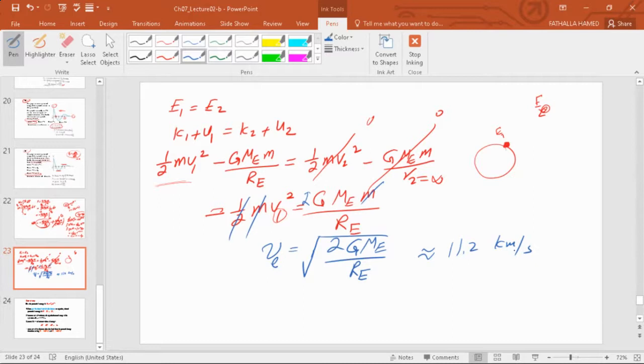And this is basically the escape velocity, or the escape speed, the minimum such that if you leave the Earth, you're not going to come back. The Earth cannot basically bring you back. Of course, satellites fall in orbit. They're affected by the gravity of the Earth. But I'm saying it will leave the Earth. That's it. And this is the minimum escape velocity that you need to do that.